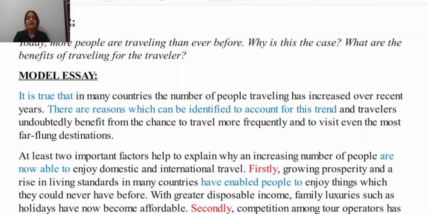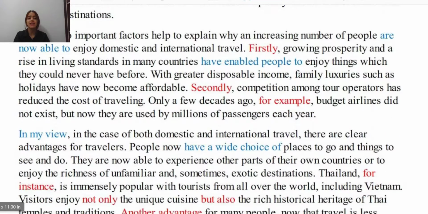So let's get into the first body paragraph and see what exactly we are given here. At least two important factors help to explain why an increasing number of people are now able to enjoy domestic and international travel. Firstly, growing prosperity and the rise in living standards in many countries have enabled people to enjoy things which they could never have before. With greater disposable income, family luxuries such as holidays have now become affordable.